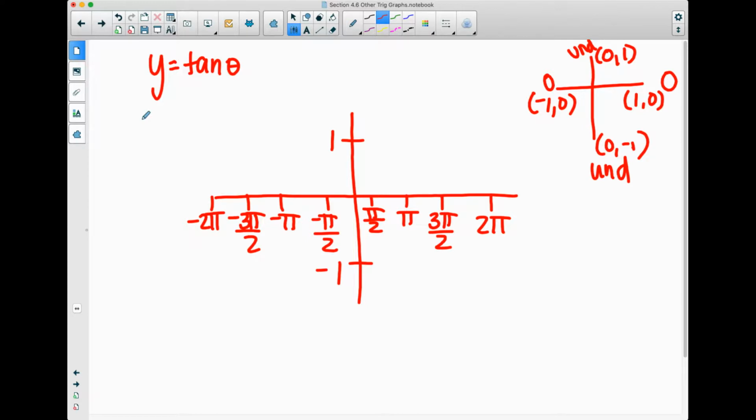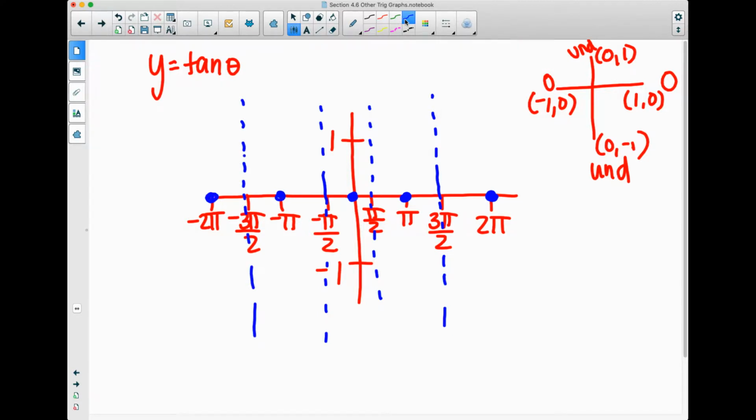So let's plot what we know. 0, undefined, 0, undefined, 0. Backwards, undefined, 0, undefined, 0.